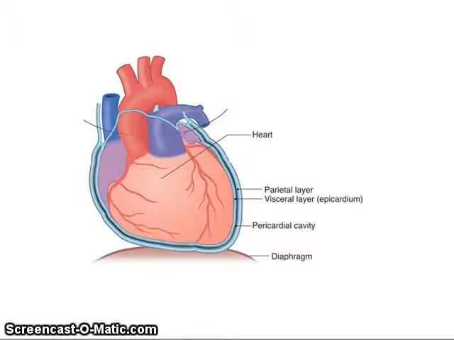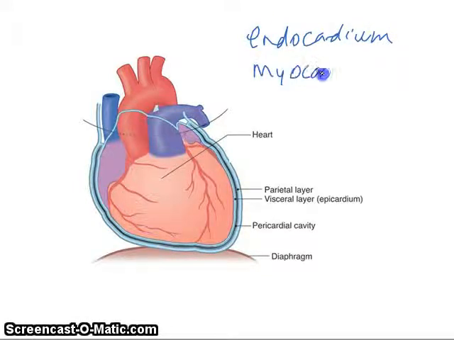The heart also has layers going from innermost to the outermost. The inner layer is the endocardium. Then you have the middle layer, which is the myocardium. And again, that middle layer of the heart is the muscle layer.